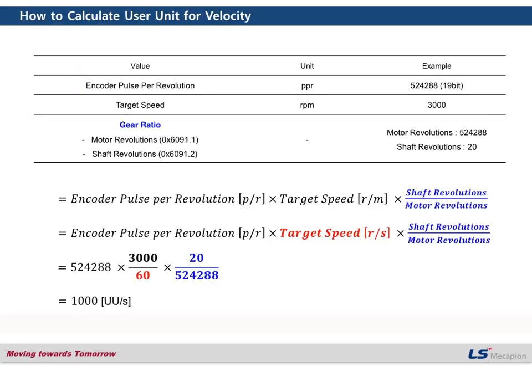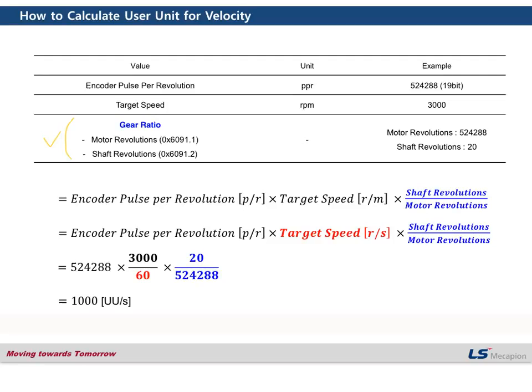However, if you have set a gear ratio in your drive, you need to add the gear ratio to this process.